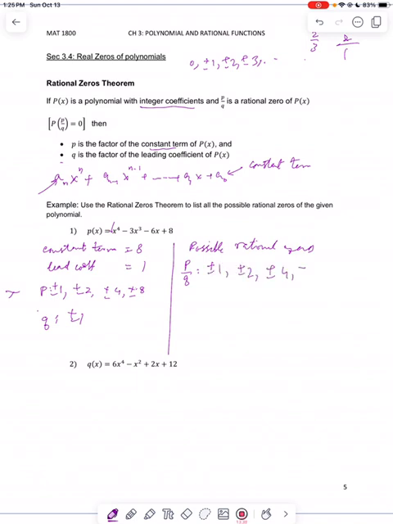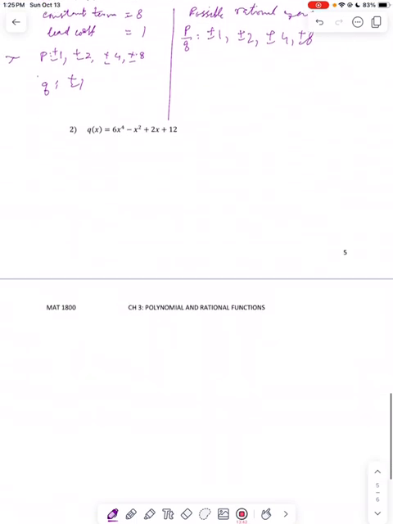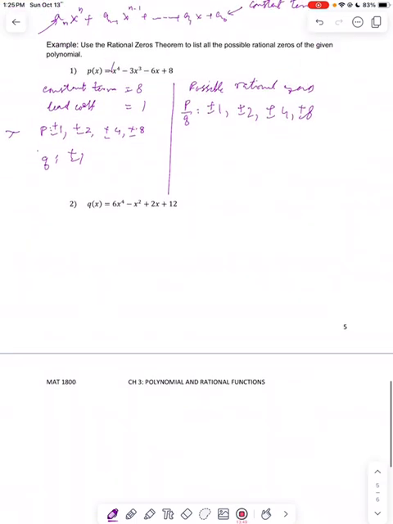The next one: here a sub 0, the constant term, is 12, and a sub n is 6. So what are the p values?